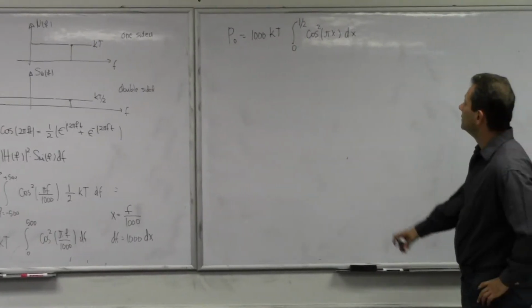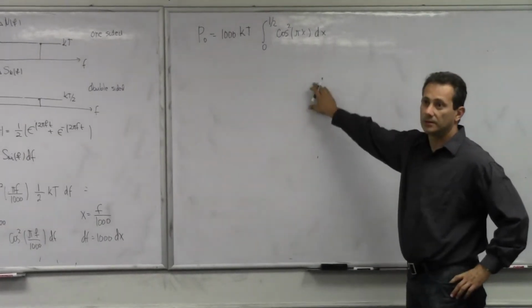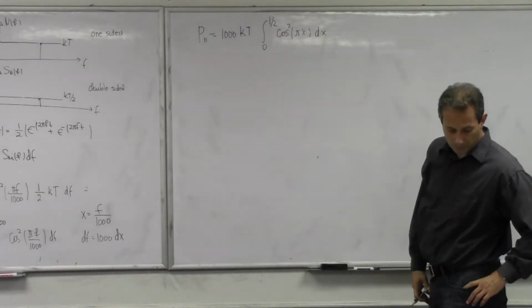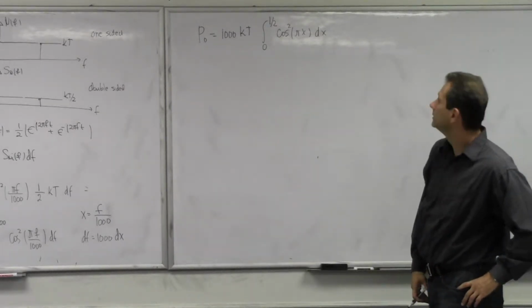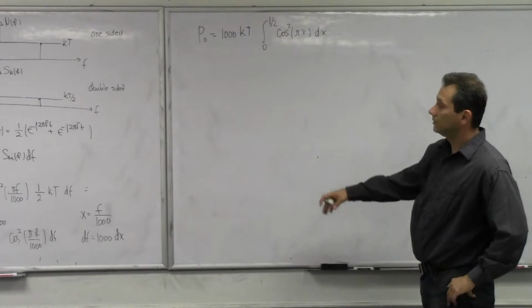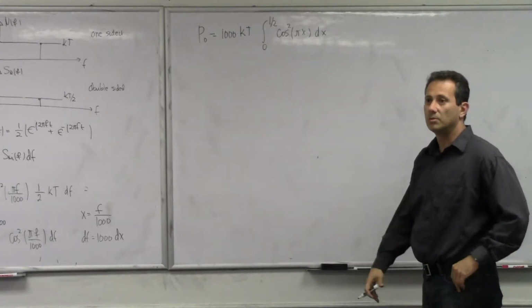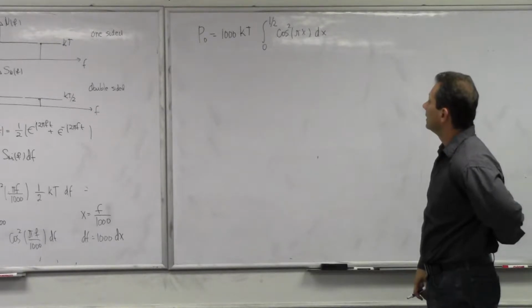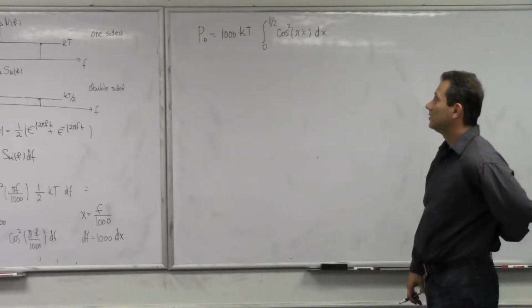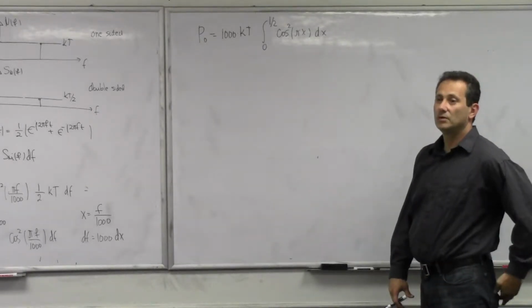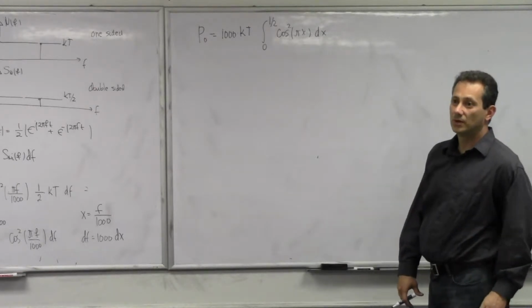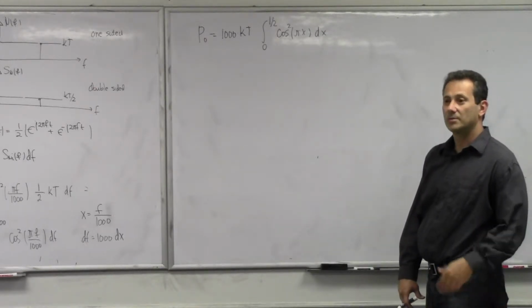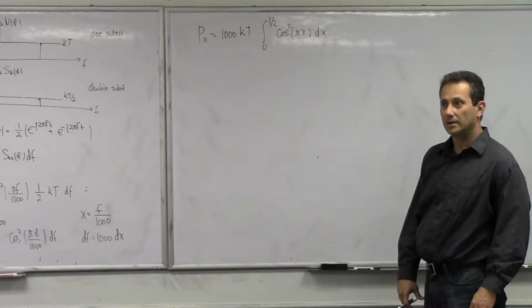Now, what's the value of this integral? How would you evaluate that? It's easy. You can decompose it as 1/2 plus cosine 2a. Or you can do a trick, though you have to be a little careful. Remember that trick that I always do: cosine squared plus sine squared is equal to 1.